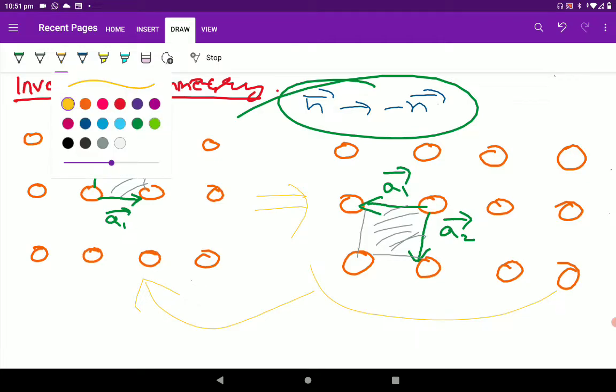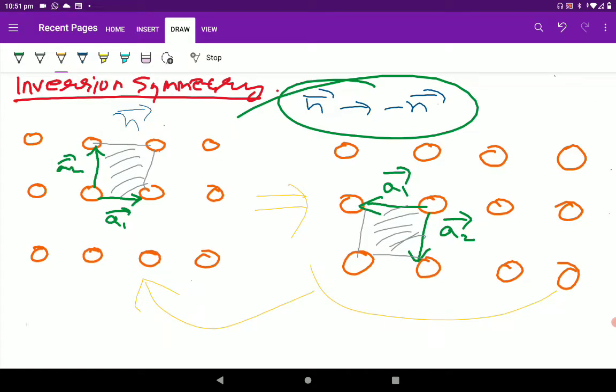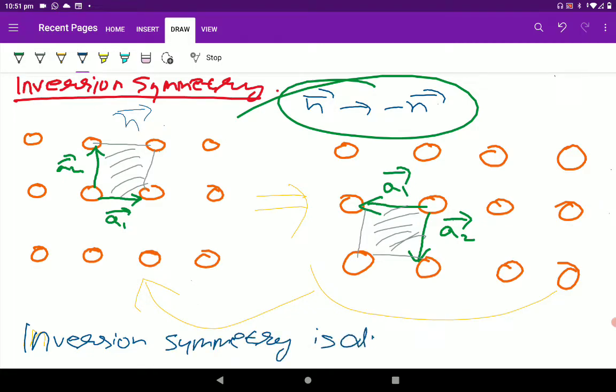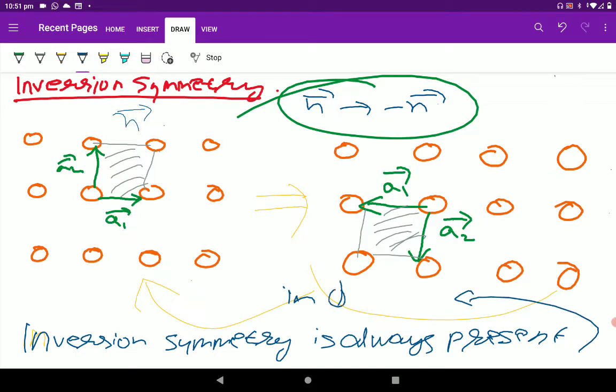Let me write. Inversion symmetry is always present in all Bravais lattices.